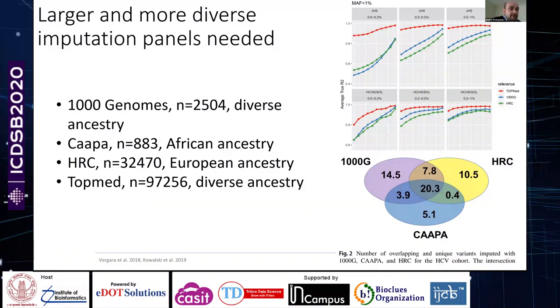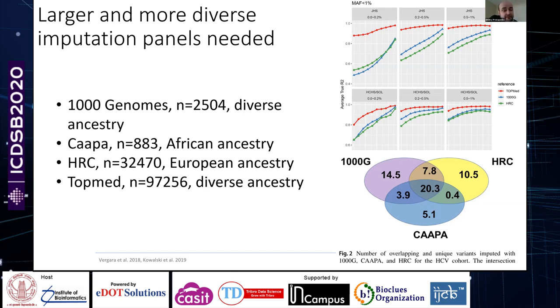Well, the most popular reference panels are on this slide. A very popular one is the 1,000 Genomes with 2,500 individuals of diverse ancestry. You have an African specific panel, with African ancestry, it's called Kappa, and it's not too large. Then you have the HRC, the Haplotype Reference Consortium, which is pretty popular. It has 32,000 individuals, and most of them are of European ancestry.